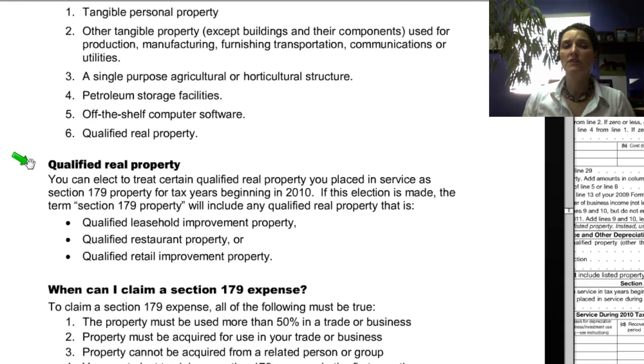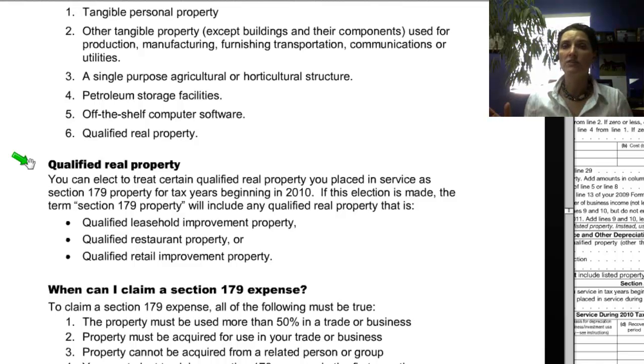Remember earlier I mentioned that qualified real estate improvements were eligible for special treatment in that they were being temporarily classified as 15-year property rather than 39-year property. Well, the fact that leasehold improvements are 15-year property means they're eligible for bonus depreciation and they're eligible for the Section 179 deduction.